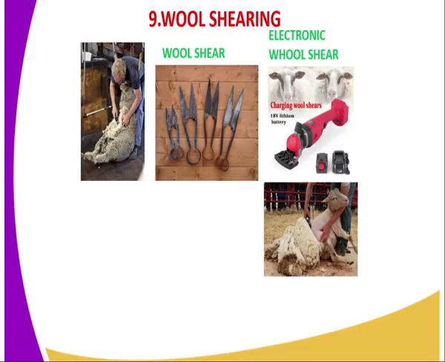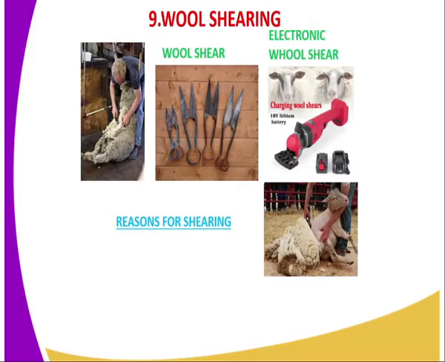You can see that the sheep should first be placed in a sitting position, and then you place it while the legs are holding the ground. Then you trim the wool which is at the back as you proceed with the shearing exercise.